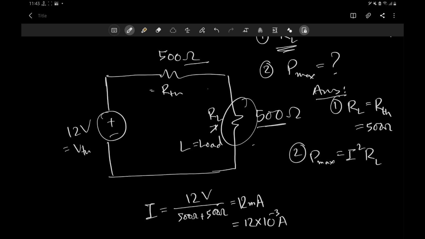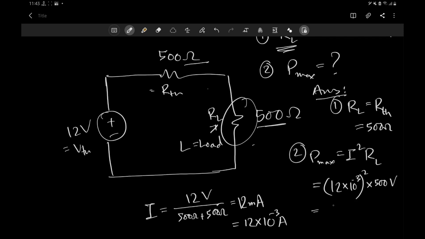The reason I did it is because I want to go here, and if we do the calculation, we have the current, 12 times 10 to the power minus 3, whole squared, times resistance 500 ohm. And since we have used SI units everywhere, this will also have SI units.